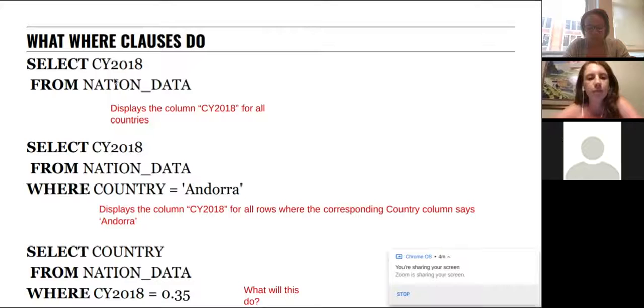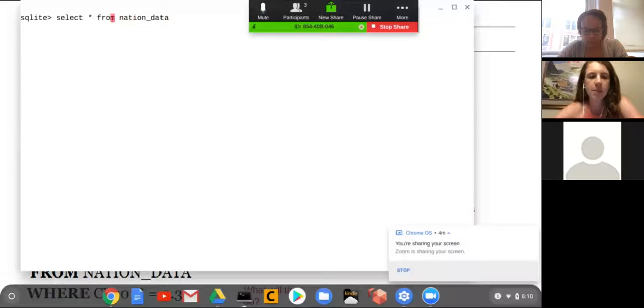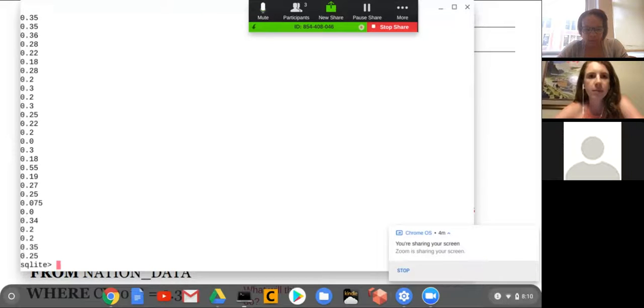What that's saying is, give me the 2018 column from nation data. How about I just type that into this window here? And of course, what that's going to give me is that whole column that just flew off the screen so quickly you probably couldn't even see the numbers at the top, of tax rates for different countries, but it doesn't actually tell you which country it is.